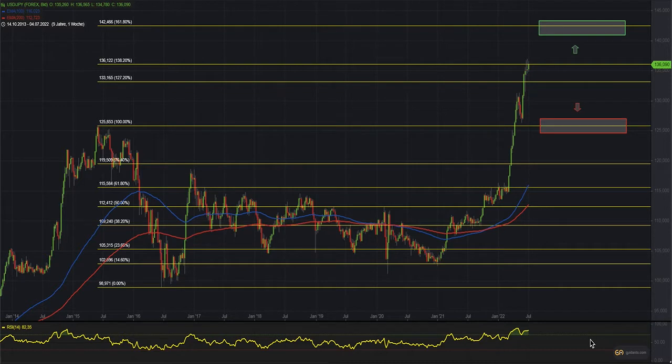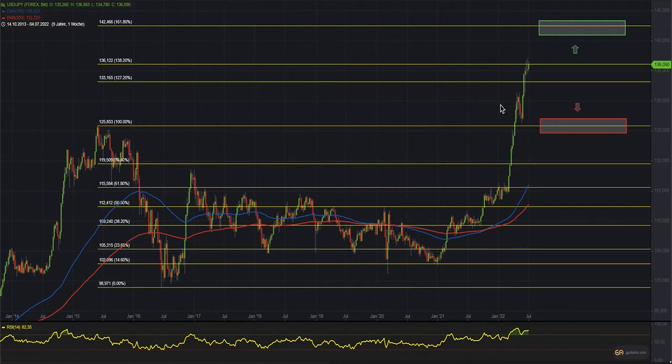As you can see, this is a platform for guidance, and there is a relative strength index added below here, and these two lines, the blue one is the exponential moving average 100 and the red one is the exponential moving average 200. So let's have a look at the current picture where we are heading to, or possibly heading to.